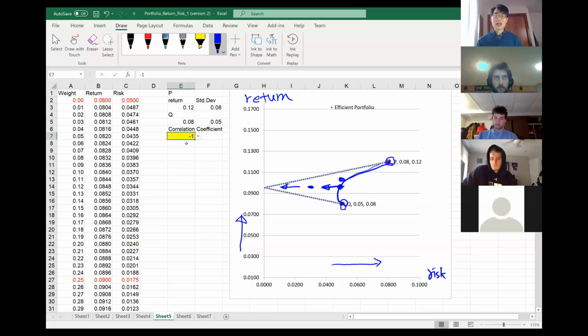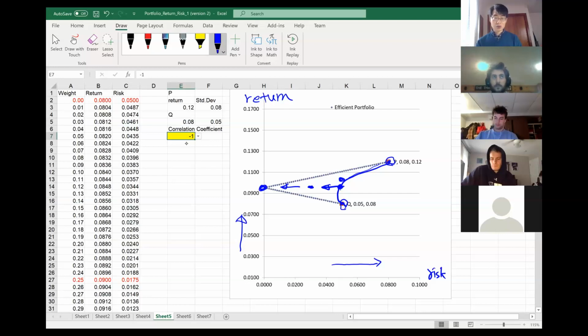Now, you can create a portfolio out of 2 risky assets, but that portfolio will have a risk level of 0. And that's possible because the assets in your portfolio are negatively and perfectly correlated, right? So this is the benefit of diversification.